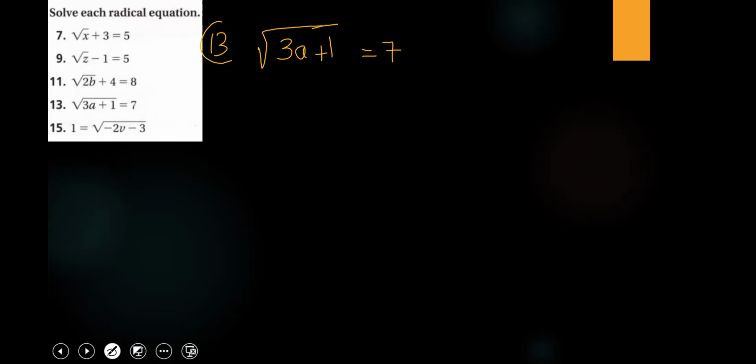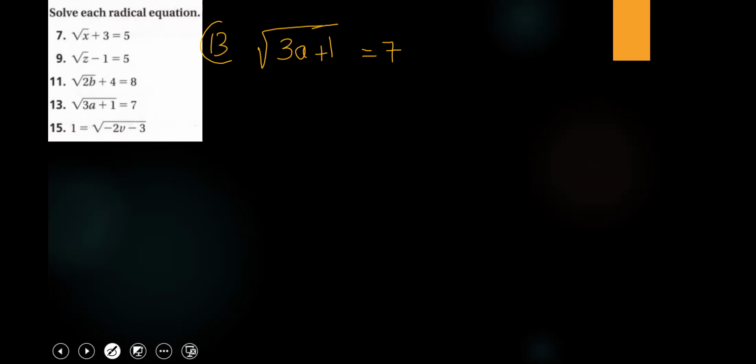I cannot cancel the 1 or remove it to the other side, because the 1 is included under the square root. The square root is already on one side and the number on the other, so there is no need to isolate it. It's already isolated.